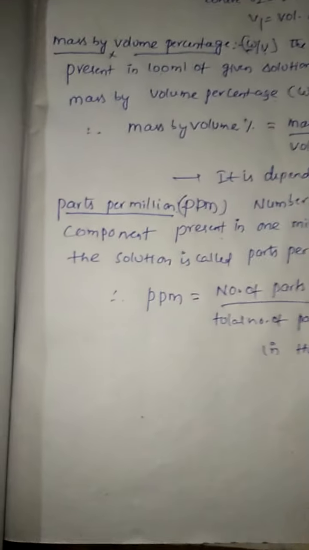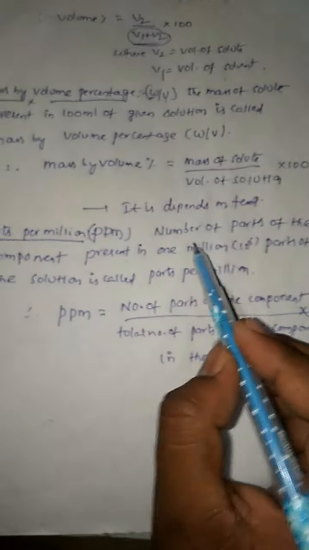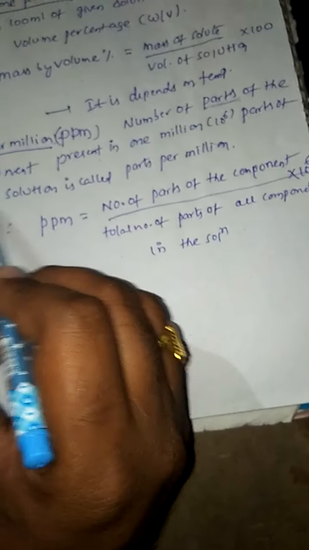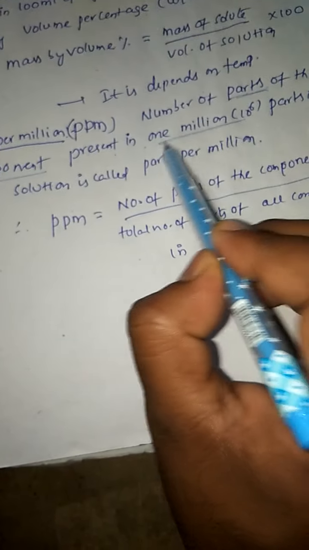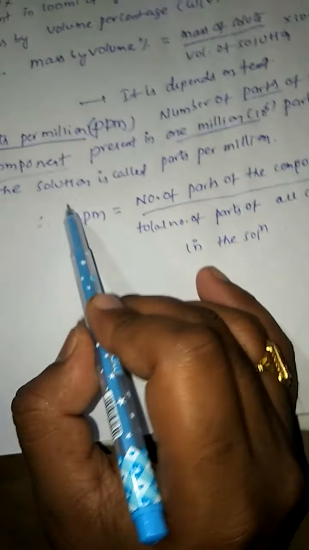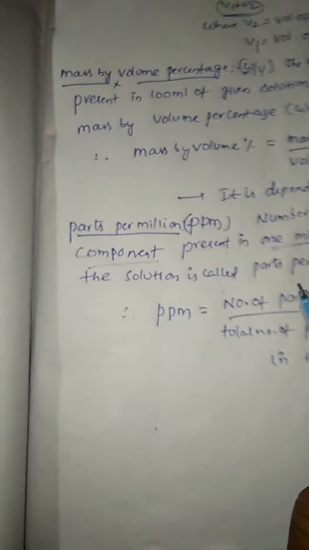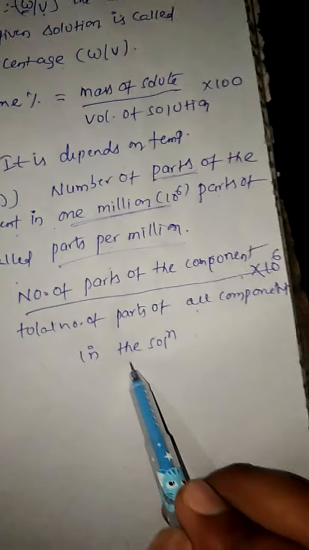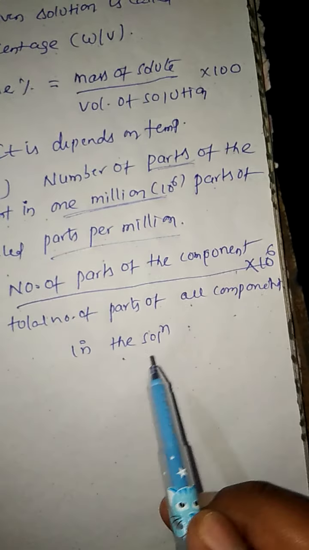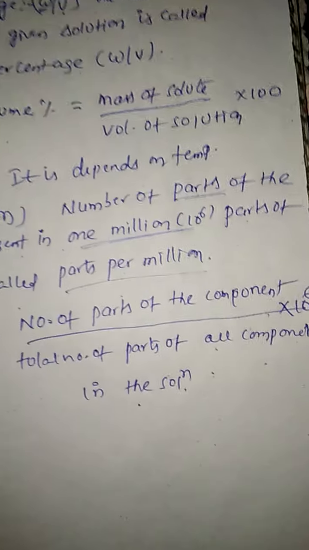So this is parts per million. Parts per million means number of parts of the component present in 1 million, 10 power 6, parts of the solution.